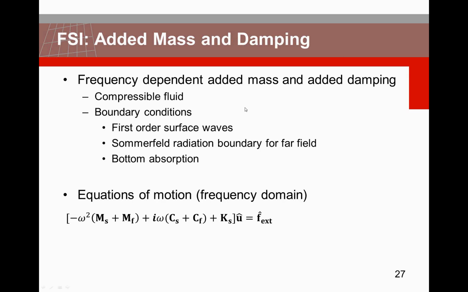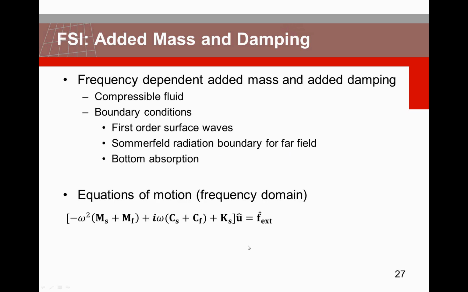If we have a frequency dependent added mass and added damping, which is for instance the case when you have compressible fluids, or you have first order surface waves, or you have this far field so-called Sommerfeld radiation boundary, or bottom absorption, then you will have both an added mass and an added damping approach.